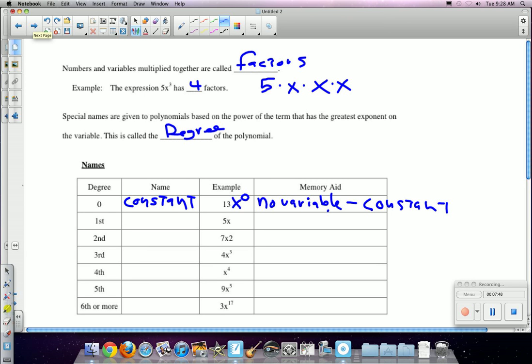The next one's linear. That's to the first power. And if you graph that, it would make a line. Linear graph. Second degree is called quadratic.